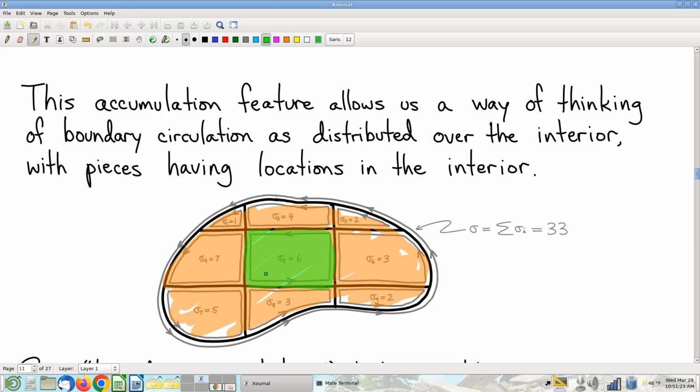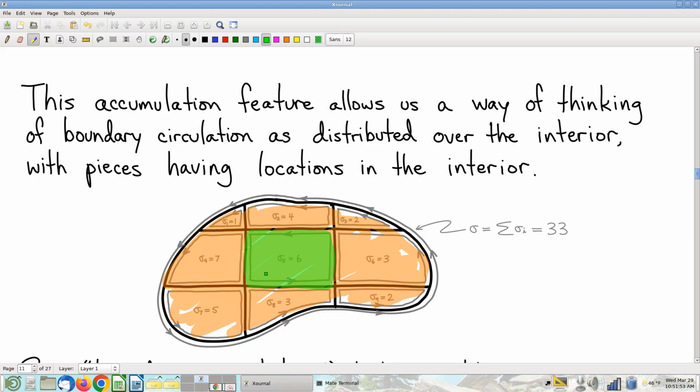That green region is a part of the orange region. And in the same way that I could ask how much of the mass in the orange region is happening in the green region, I could ask how much population in the orange region is happening in the green region. I can likewise ask the same question about any accumulating quantity. In particular, I can say how much of the boundary circulation on the orange region is happening in the green region. That's a perfectly reasonable question.